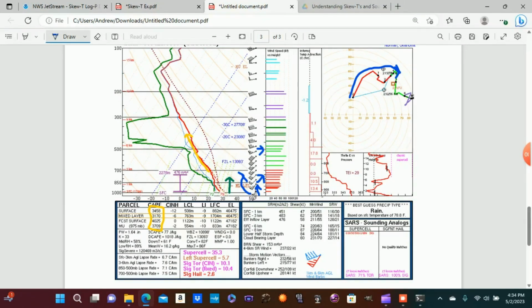And you can see here also plotted are the wind speed and direction at a given level. So these numbers here that you see here are measured in kilometers. So this is 0 kilometers, which is the surface, 1 kilometer, 2 kilometers, 3 kilometers, 4 kilometers, and so on and so forth.